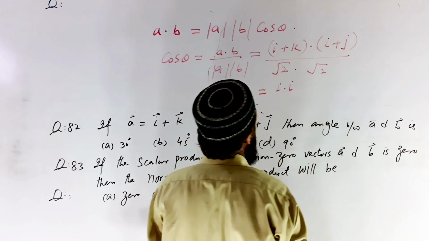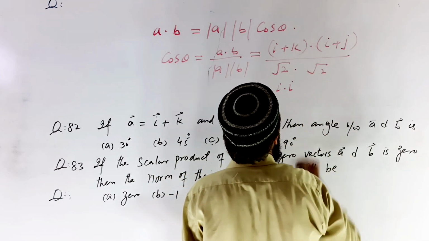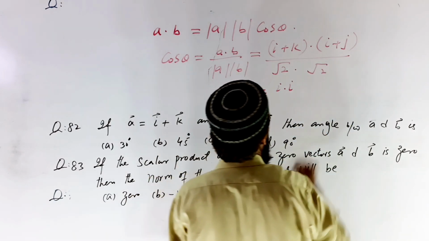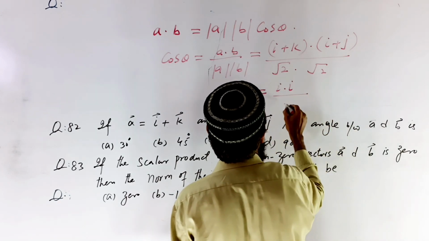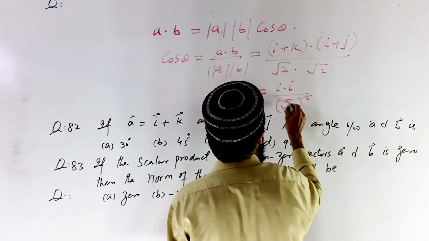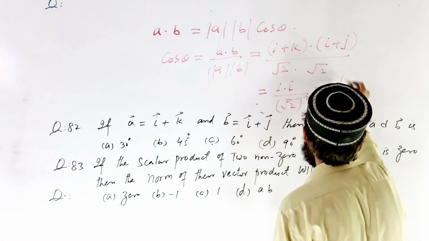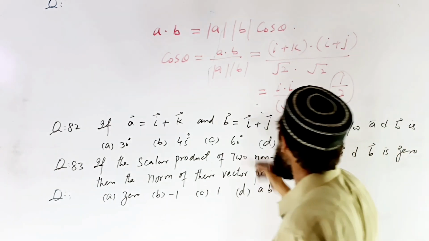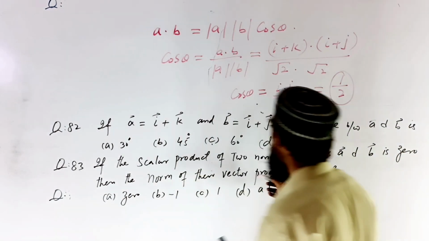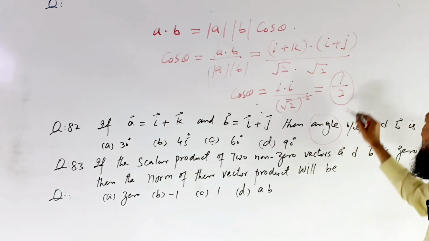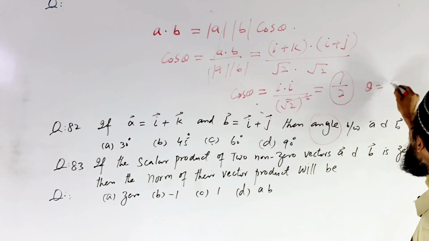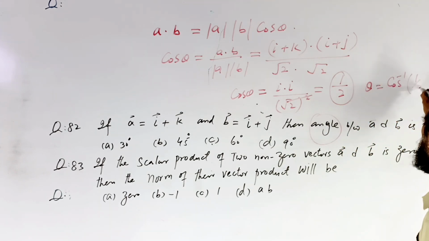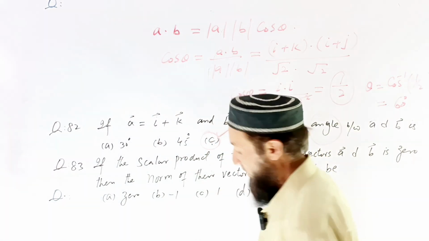I dot j is equal to 0, k dot i is equal to 0, and k dot j is equal to 0. So we get I dot I equal to 1 over 2, and cos theta is 1 divided by 2. We can write theta is equal to cos inverse 1 by 2. This result is available in the table, cos 60, so 60 degrees is the correct answer.